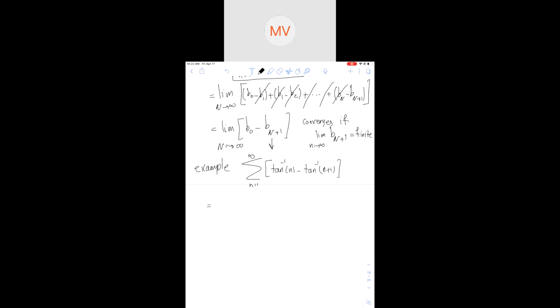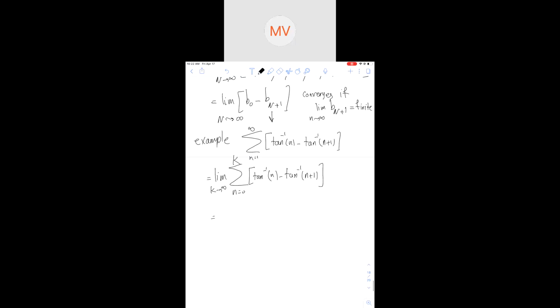Same thing: limit of the sum of tan inverse of n minus tan inverse of n plus 1, from 0 to capital N. It doesn't matter. Going to infinity.